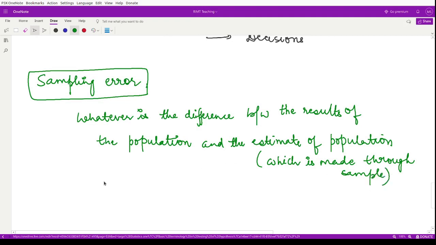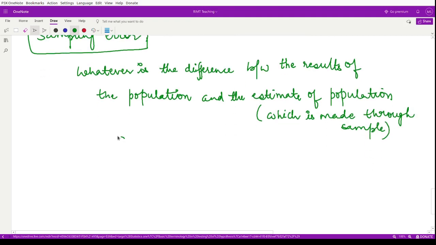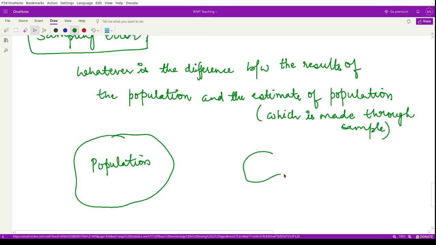Right? So basically, this is the given population. There is a sample. In most real cases, this population is not available to you directly. In fact, you only have access to the sample.